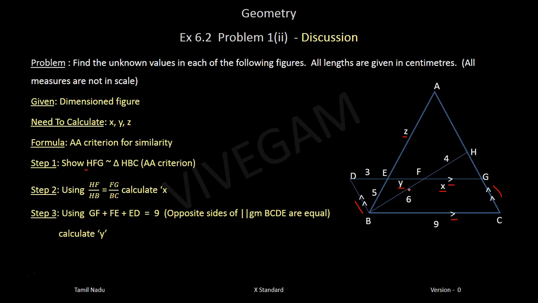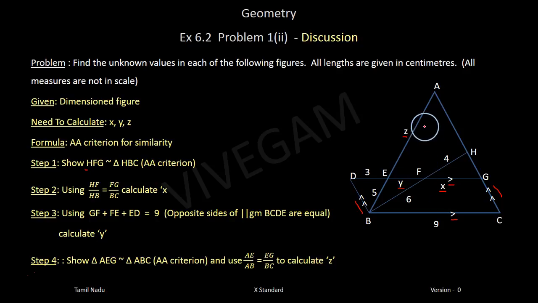Right? Next. Step 4. Now X is done, Y is done. So you have to prove triangle AEG, because that is where Z is coming into the picture. The triangle AEG is similar to triangle ABC. This line EG is parallel to BC, which means angle A is common to both the triangles. So in this triangle and this triangle, angle A is common, and this angle is equal to this angle.